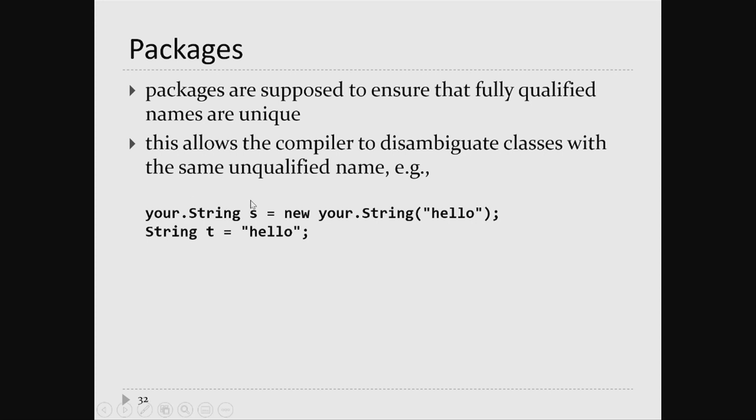So now you can write String s = new your.String("hello"), for example. And in the same program, you can also use java.lang.String by writing String. So now you've got two classes with the same ordinary name, but they have different fully qualified names, so you're able to use them both in your program. So fully qualified names have to be unique.